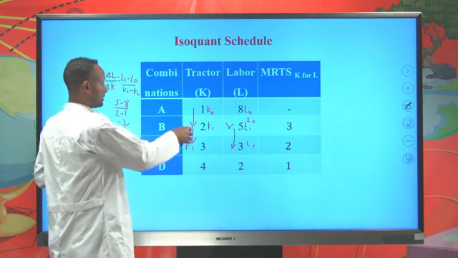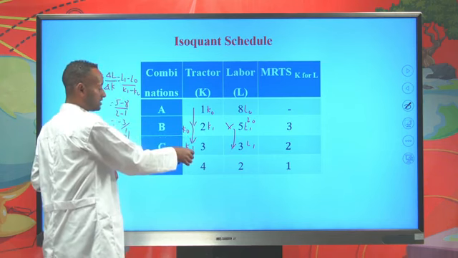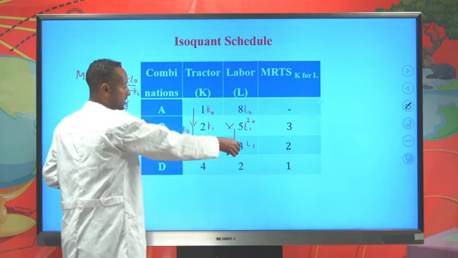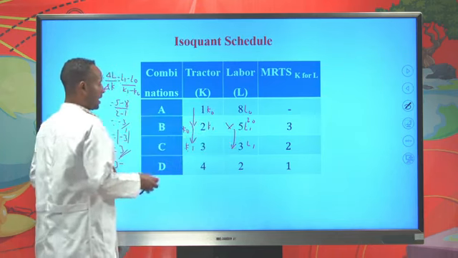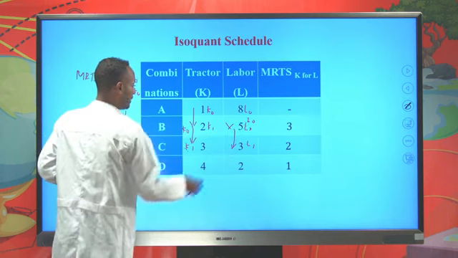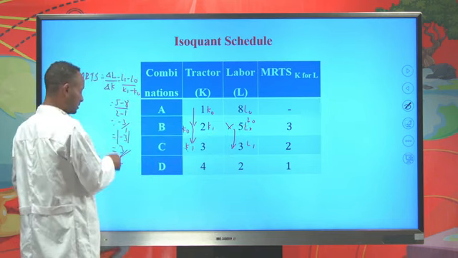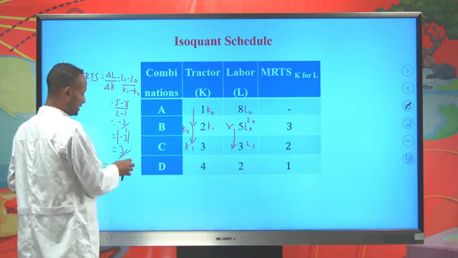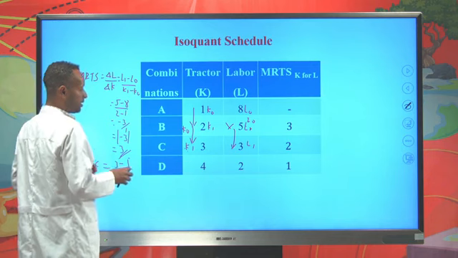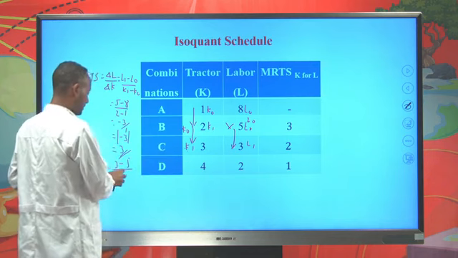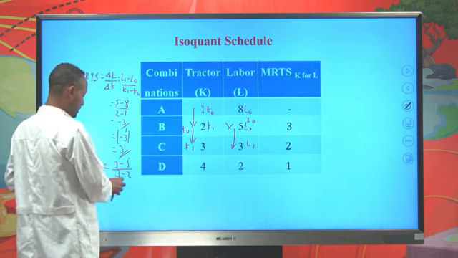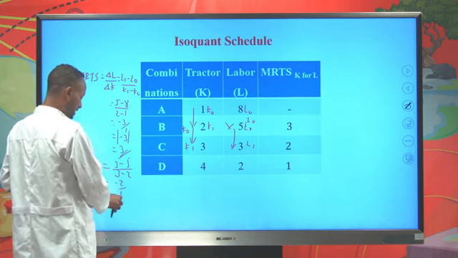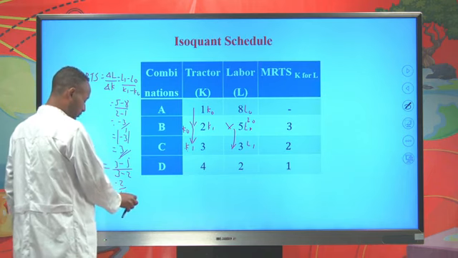Let's take this 2 as capital initial and this 3 as capital final. Let's take this 5 as labor initial and this 3 as labor final. Then when we substitute this information in the formula, labor final is 3 minus labor initial is 5, divided by capital final is 3 minus capital initial is 2, and then 3 minus 5 is minus 2 divided by 1, and this is minus 2.